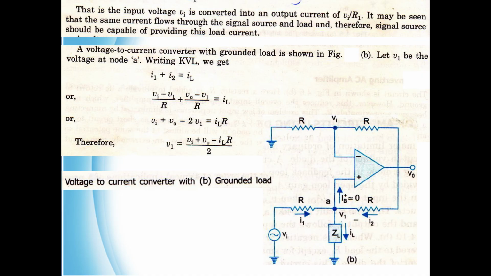If you simplify this, you will get VI plus V0 minus 2V1 equal to IL into R. So from this we can write V1 equal to VI plus V0 minus ILR divided by 2.